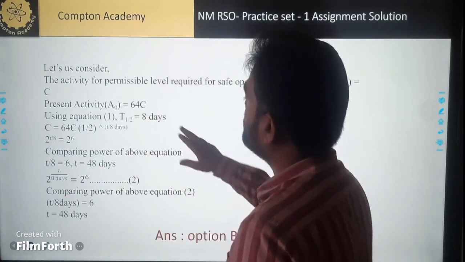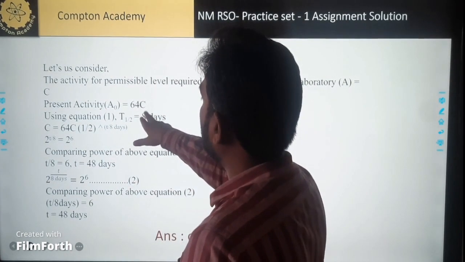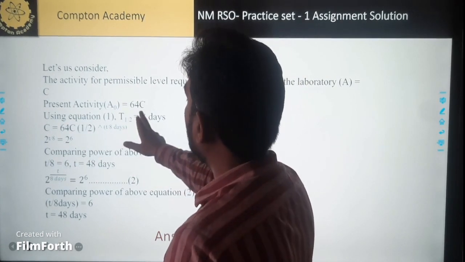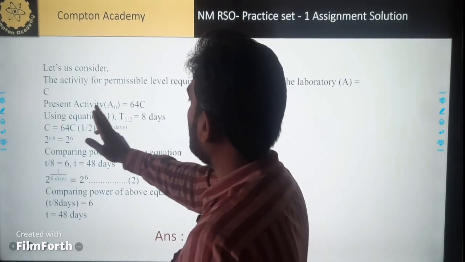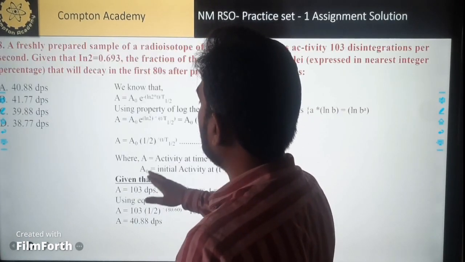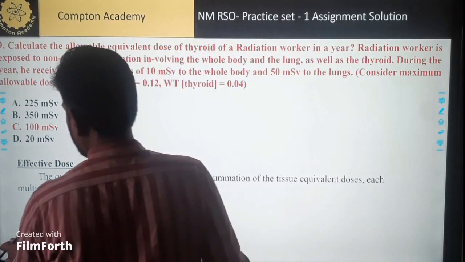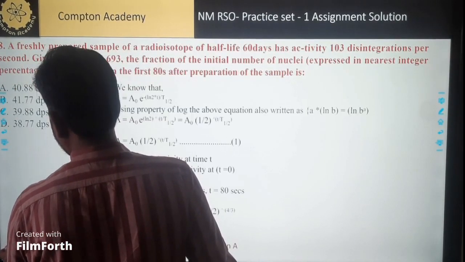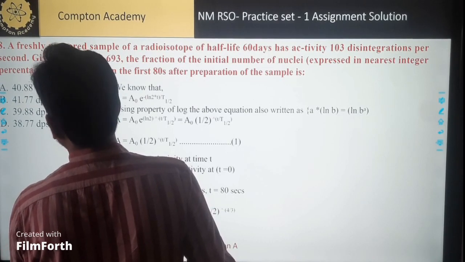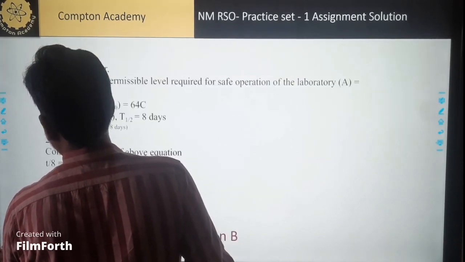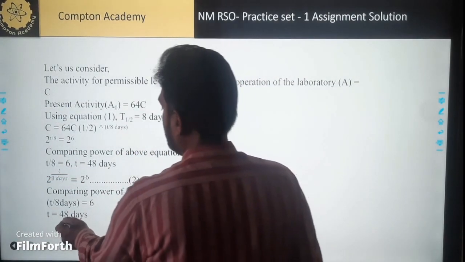Using these values, A naught is considered as 64, and the reduction from A naught to activity 1 is used, and after that you will get the exact value of the number of days t. So the number of days t will come equivalent to 48 days.